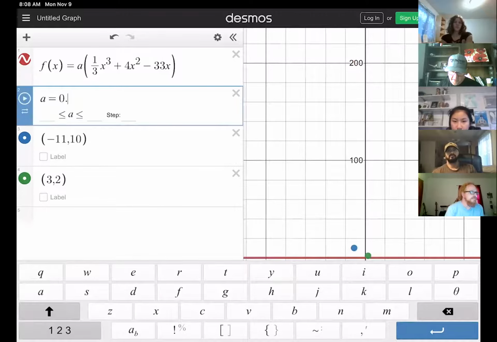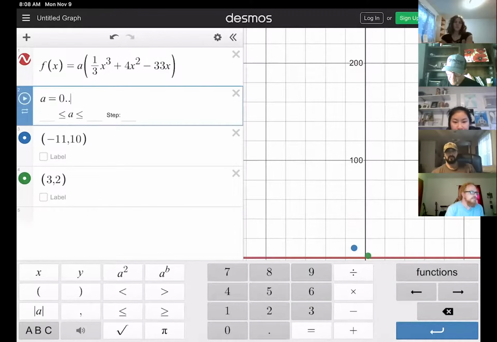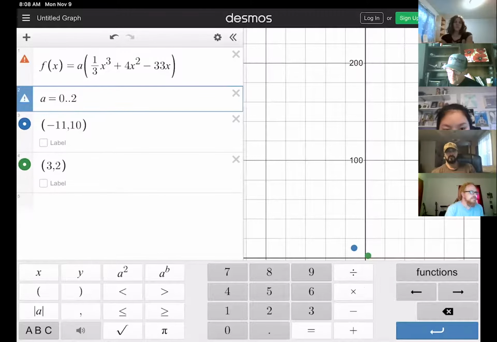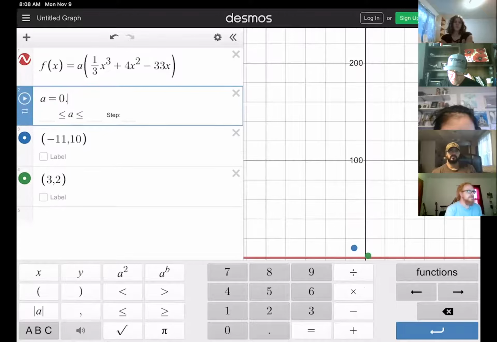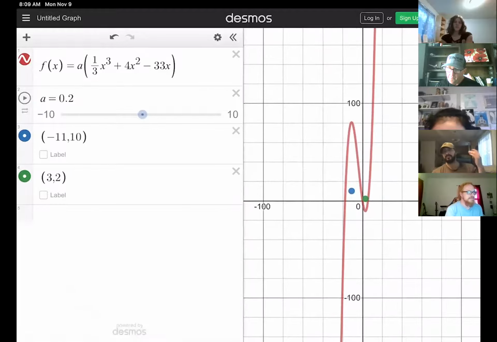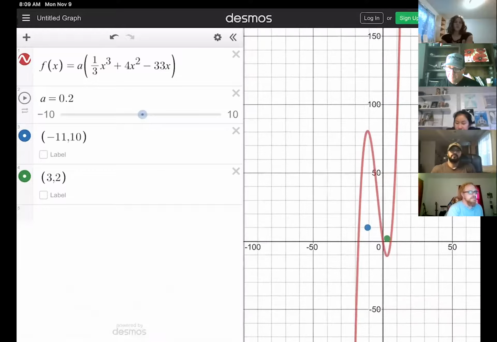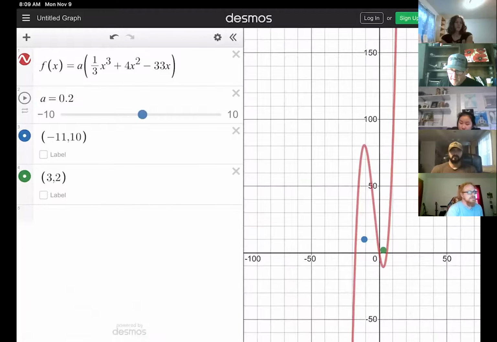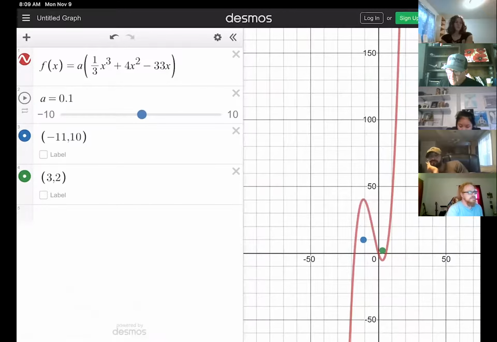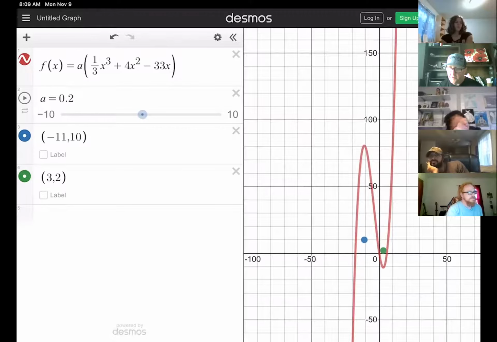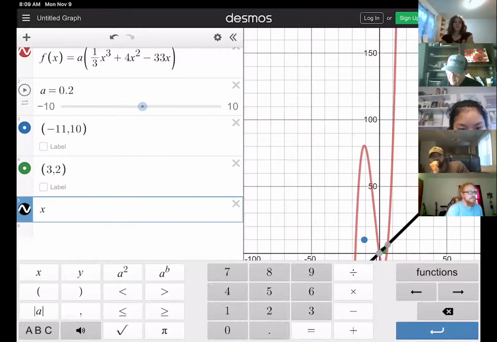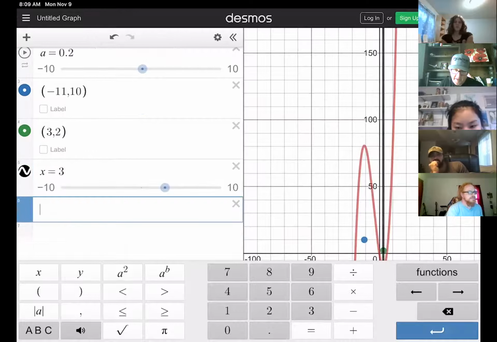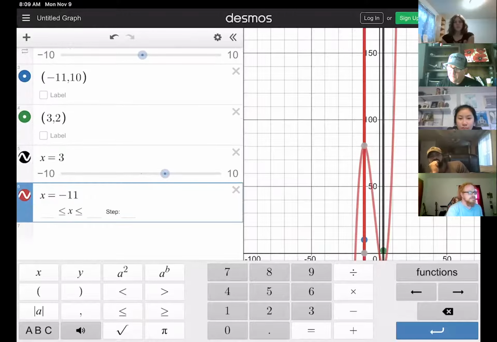So let's see, what if I make that like 0.2. Notice as I drag that around, it's not screwing up the fact that there is a 0 slope at x is 3 and there is a 0 slope at x is -11. And if you want to visualize it, you can even throw those in there. Throw in x is 3 and x is equal to -11.